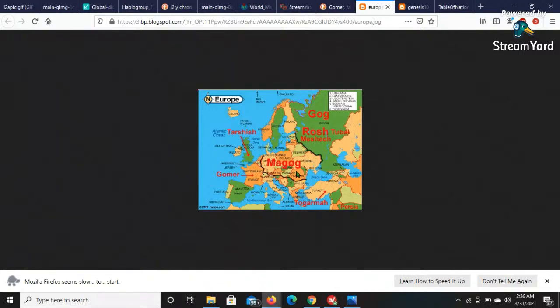But apparently, let's see, somehow we need to find out who Gomer is over here. See, some of these maps are a little bit questionable anyways. Because this could be just a fabrication here. This is not ancient times anyway.